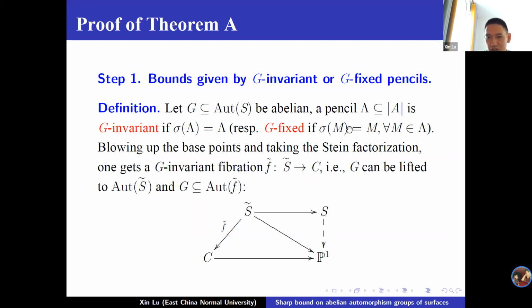This requirement is stronger. And if we have a G-invariant pencil on S, we can blow up the possible base points and then take the Stein factorization. We will get a G-invariant fibration on S theta.